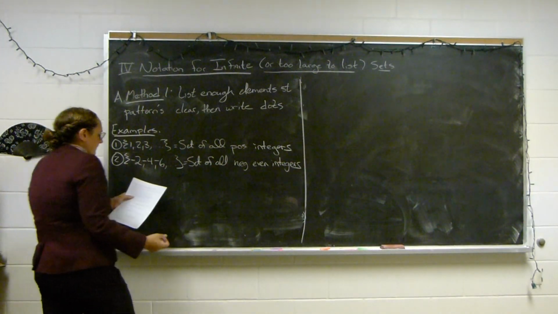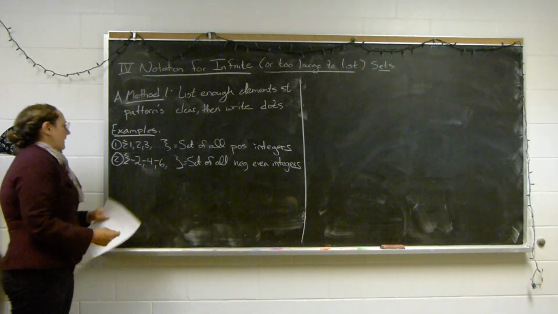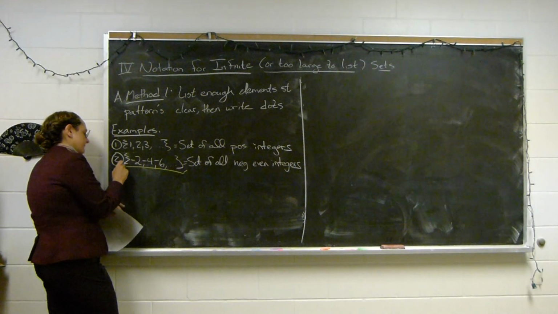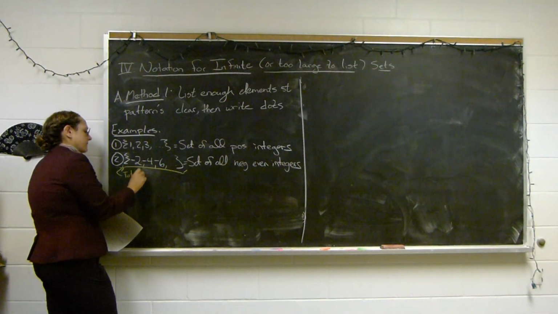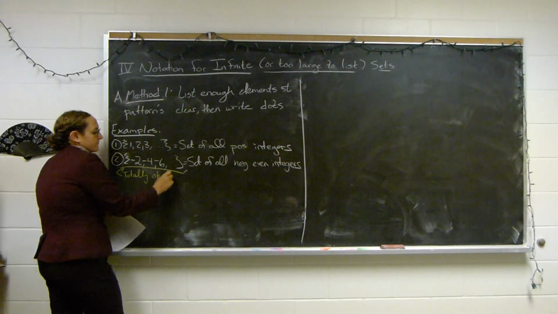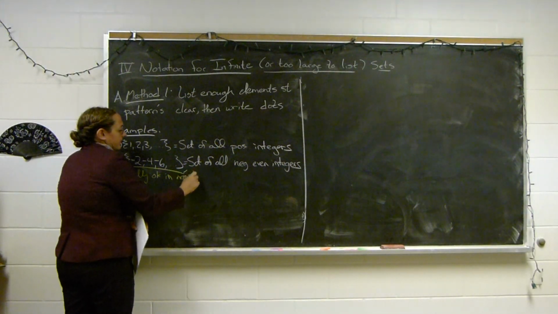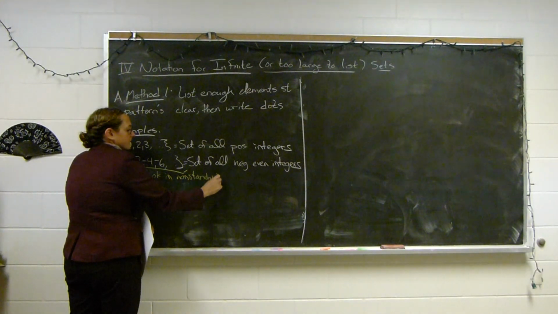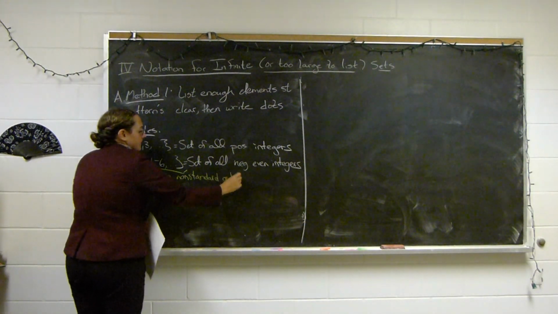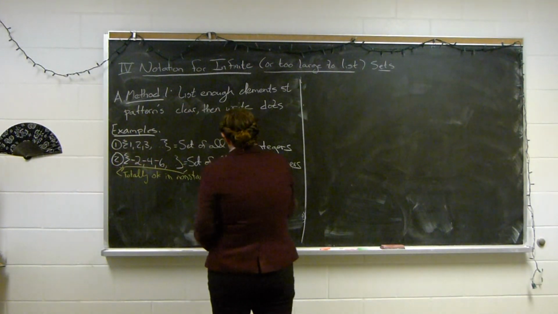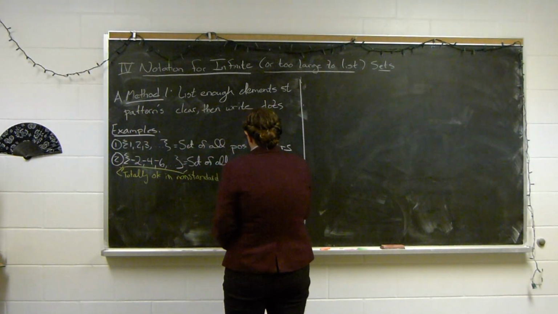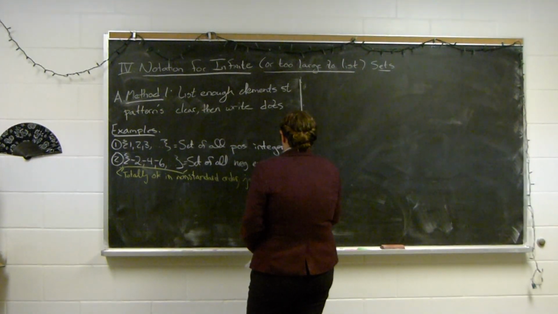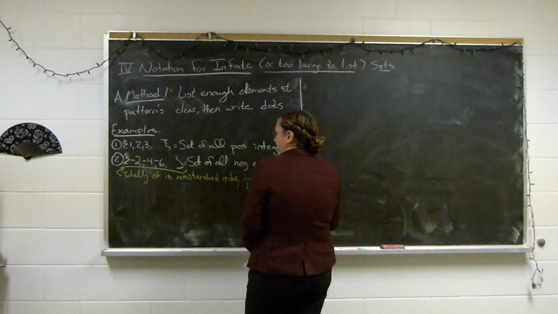And as I mentioned before, it's totally okay that this is in non-standard order. We just need that the pattern's clear, which hopefully it should be, just what we wrote there.